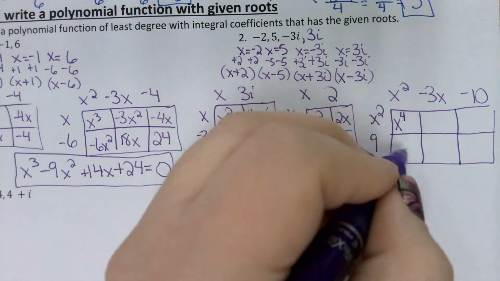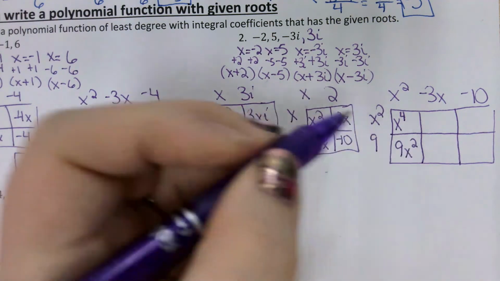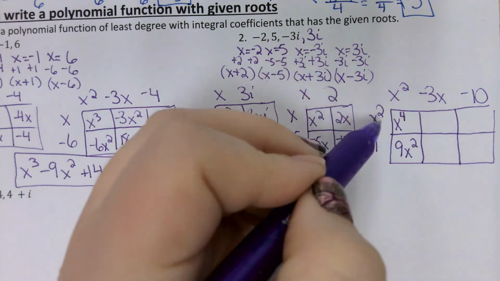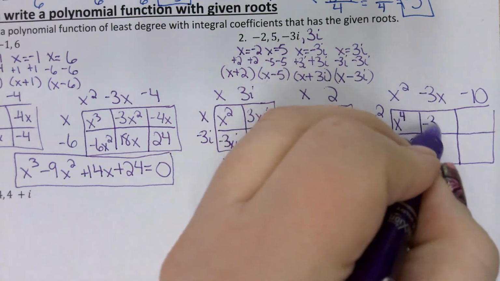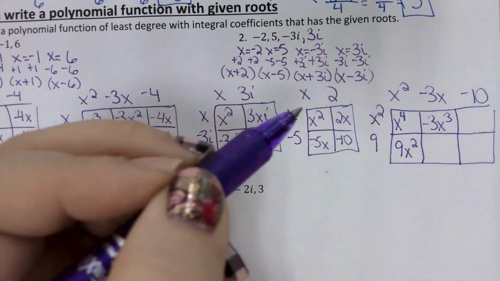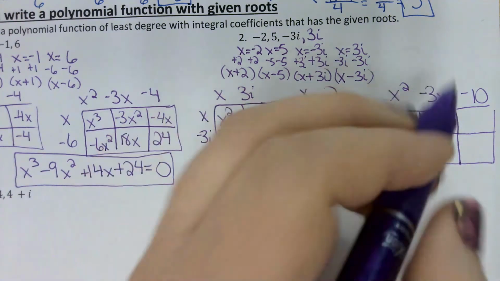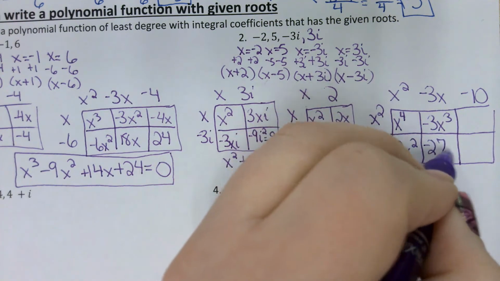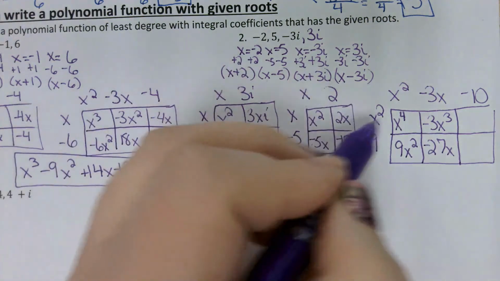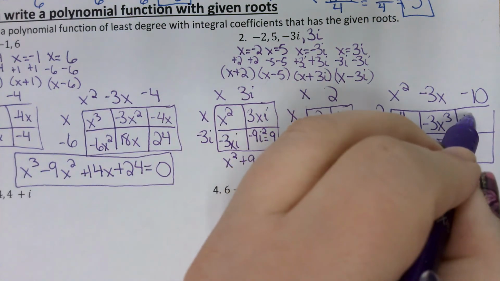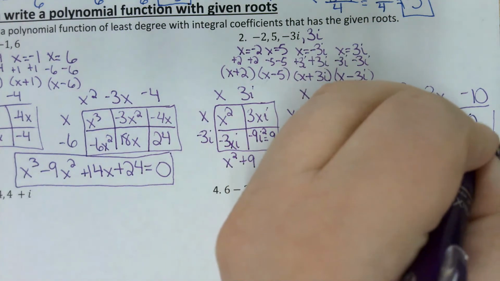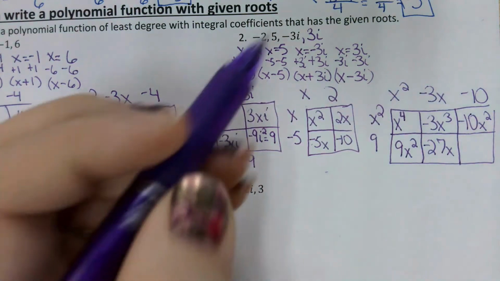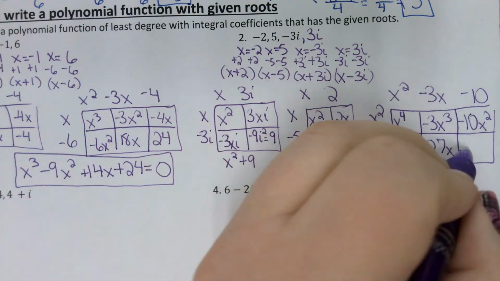X squared and 9, 9x squared. Negative 3x and x squared, negative 3x cubed. Negative 3x and 9, negative 27x. X squared and negative 10, negative 10x squared. Negative 10 and 9, negative 90.